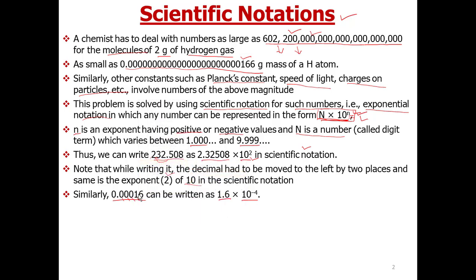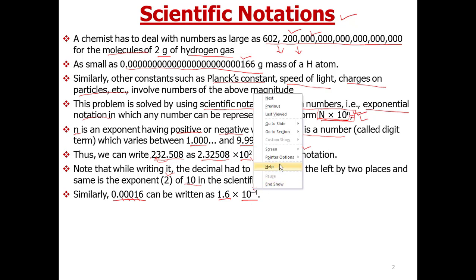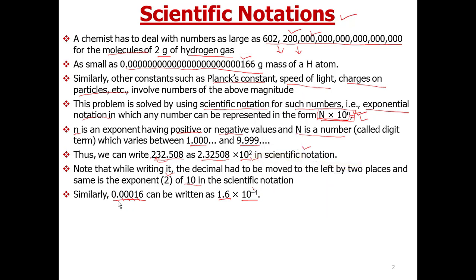If we move the decimal to the right-hand side, the same is shown by the exponent but with a negative sign. We moved the decimal 4 places to the right, so we write 10 raised to the power minus 4.